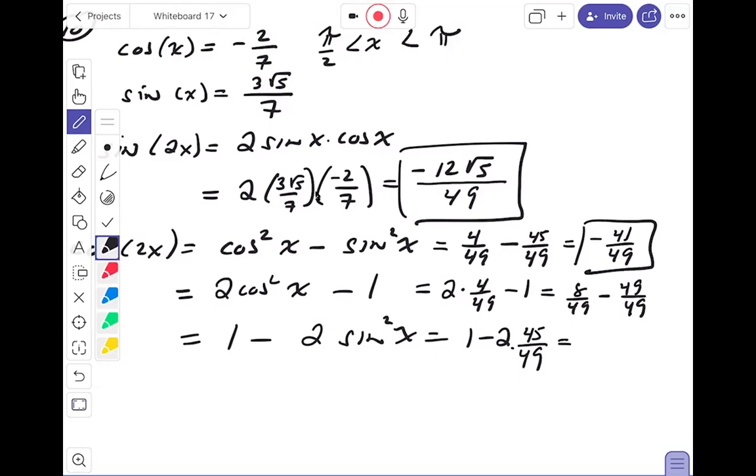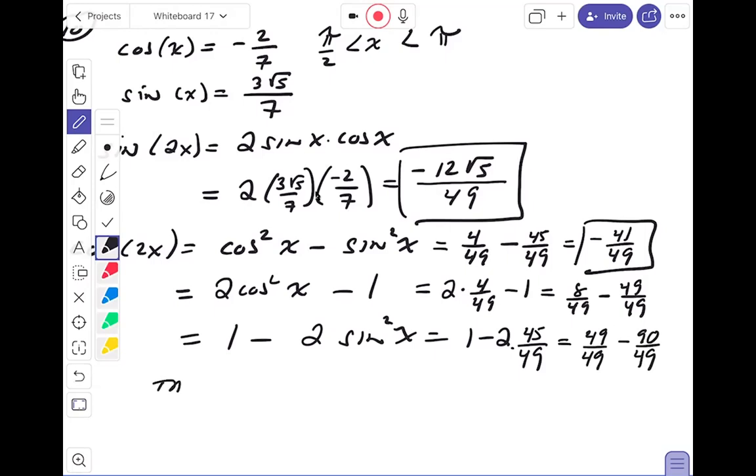This one's going to be, let's see if I did this one right here. 49ths minus 90 49ths. What does that give you? Minus 41 49ths. They're all the same. All right, so I'm going to put a box on that.